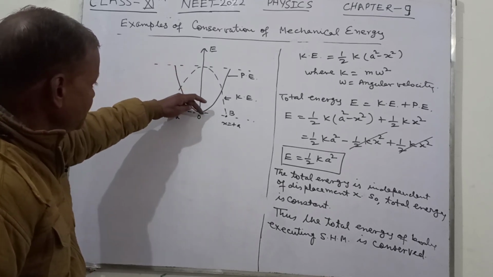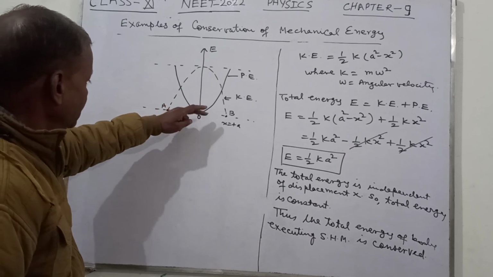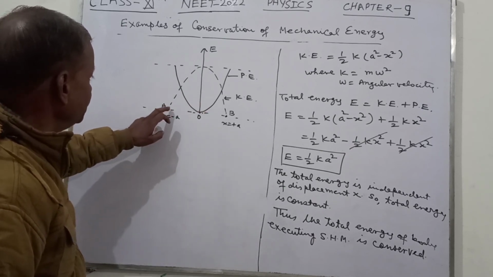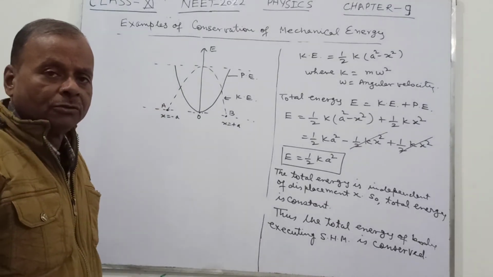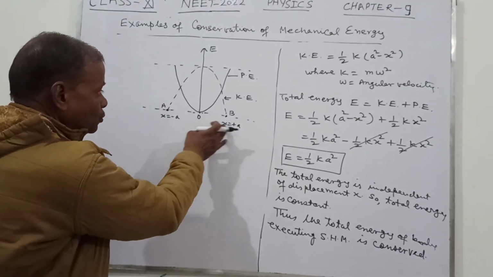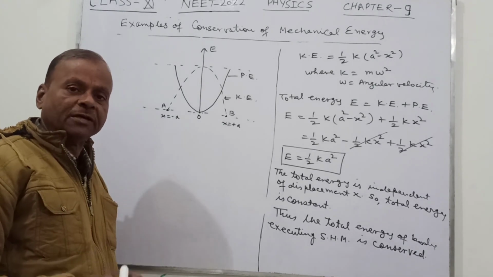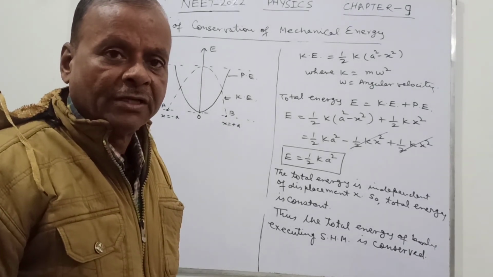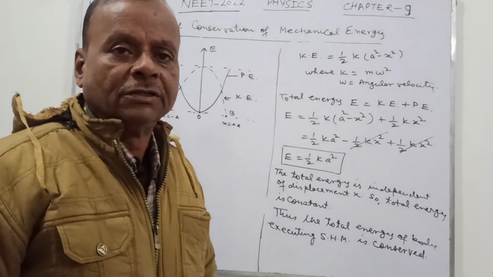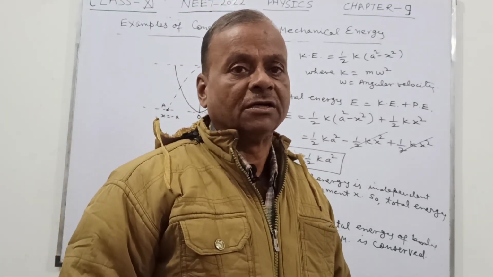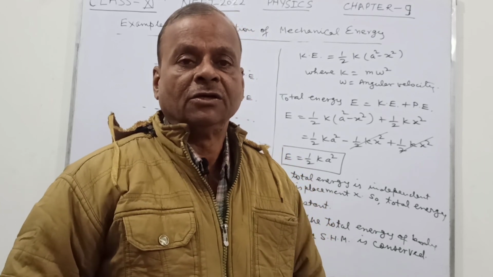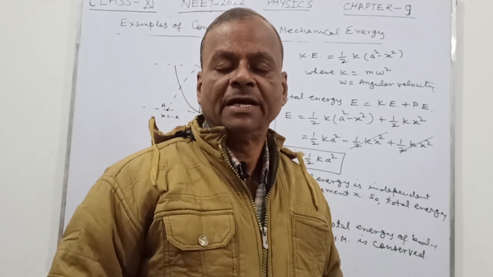The potential energy decreases, but the kinetic energy increases. Similarly on O to B. So when the particle executes SHM, the total energy of the particle is always constant. This is the conservation of mechanical energy of the particle executing SHM.